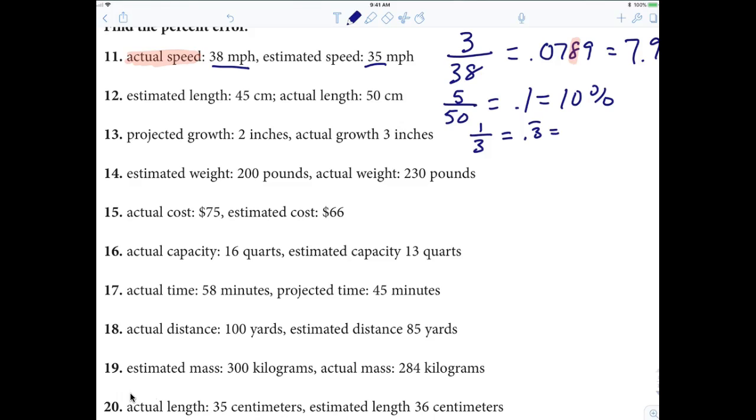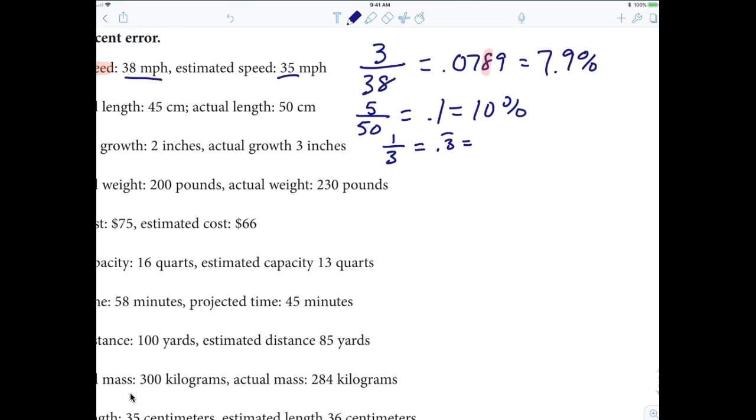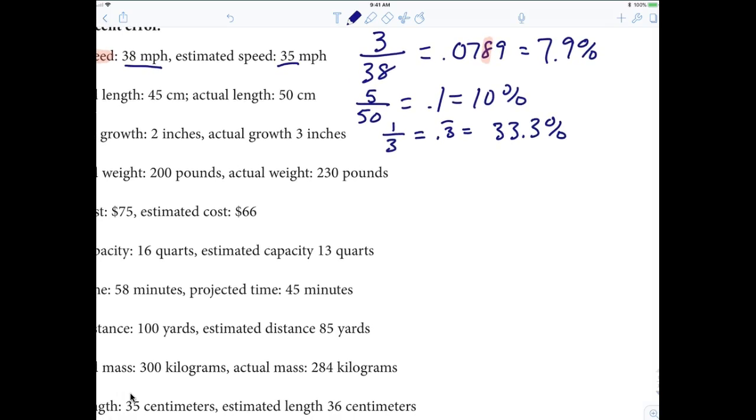What decimal is, or what percent is that? 33.3%, but you could also write 33 1/3%. Couldn't you write? All right. 3/9 is the same as 1/3. True? All right. So here we go.